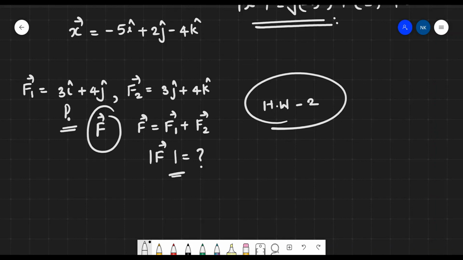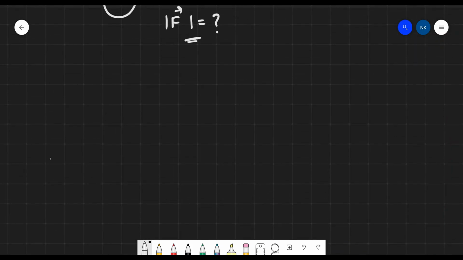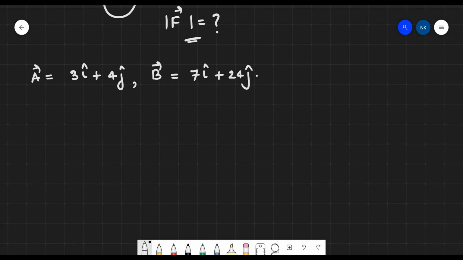Okay, now next question. We are provided with two vectors. Say vector A equals 3 i cap plus 4 j cap, and the second vector B vector is given as 7 i cap plus 24 j cap.